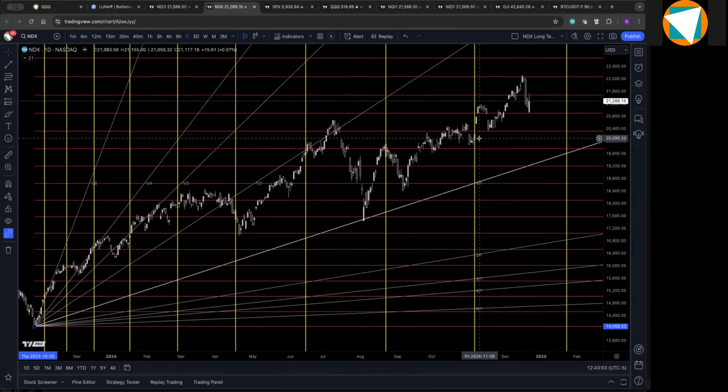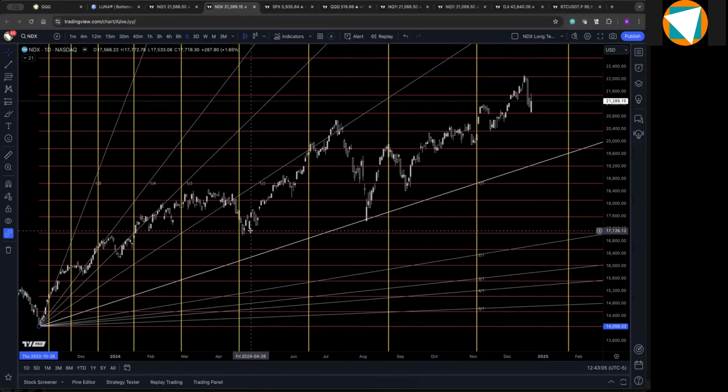And you can see how these red lines have performed. They seem to be better on lows, to be honest, than highs. So you can see here in April and in August, and there was a little deviation below here in September, and also in November. It's been very good at lows, and that's actually where we are right here, at about 20,900.